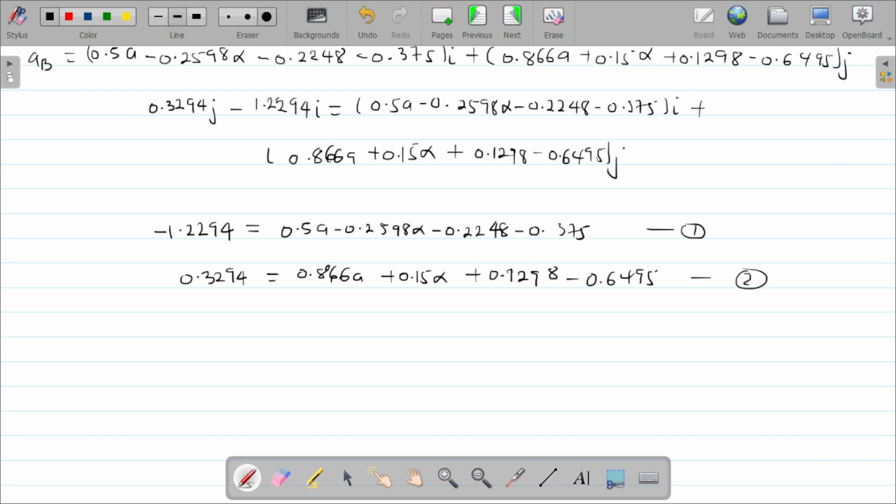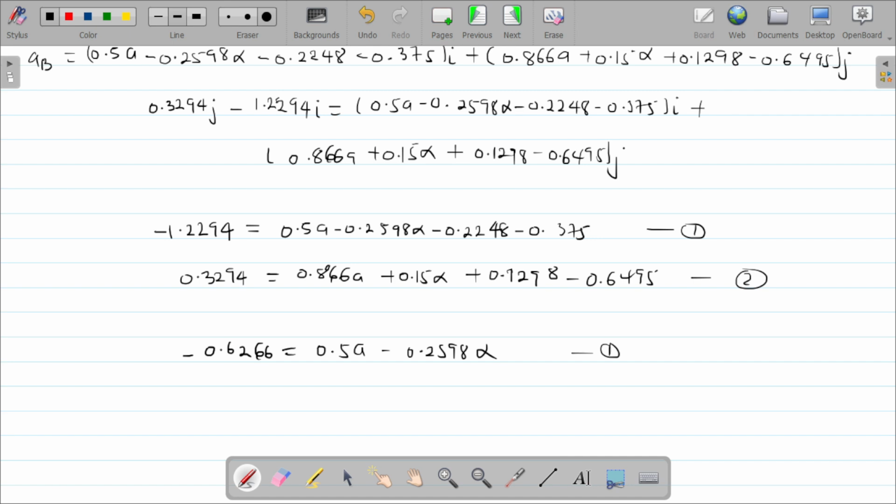All right, so let's just put the numbers together and then use your calculator. So this plus this will be negative. So we have negative 1.2294 plus 0.2248 and then 0.375. So that would mean negative 0.6266 is equal to 0.5 A minus 0.2598 alpha, equation 1. Then we deal with this guy.